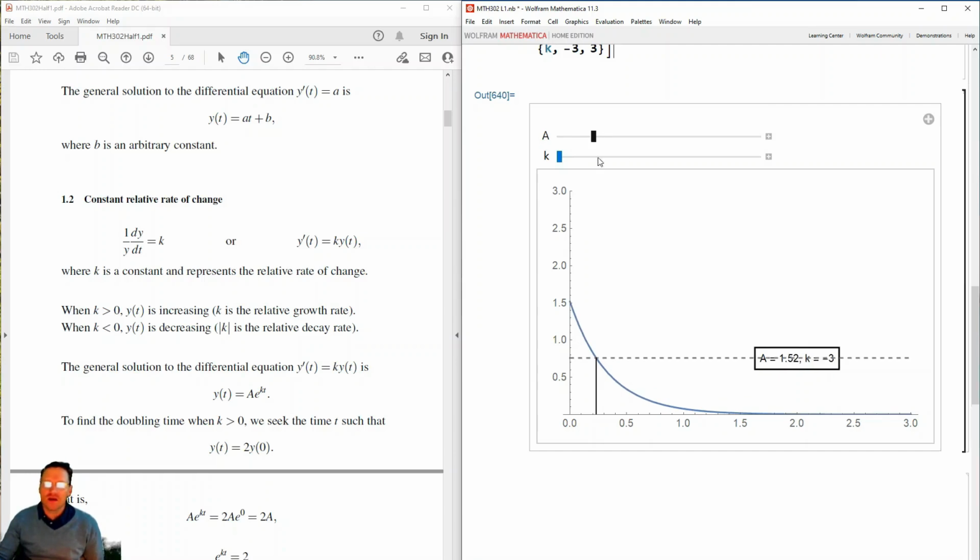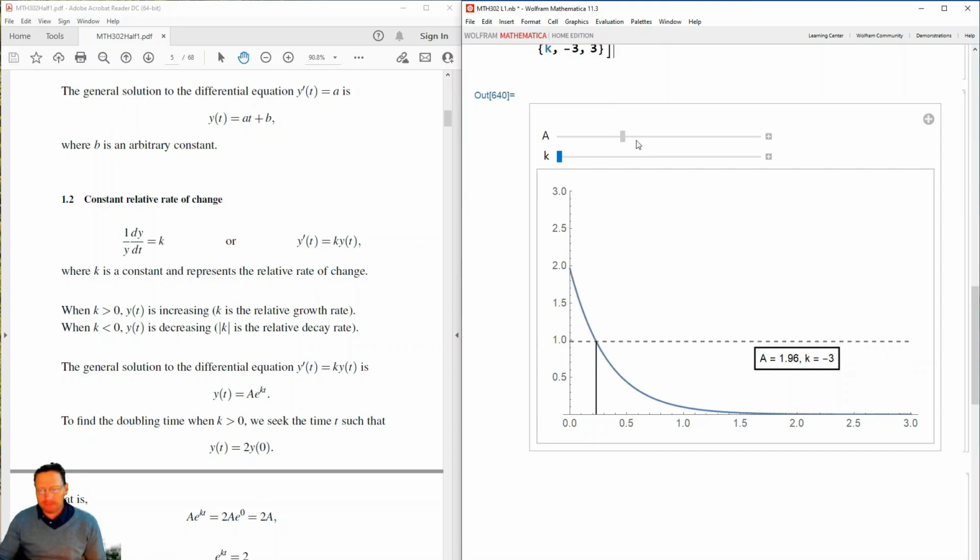The value of y decays as time goes on, down to 0.